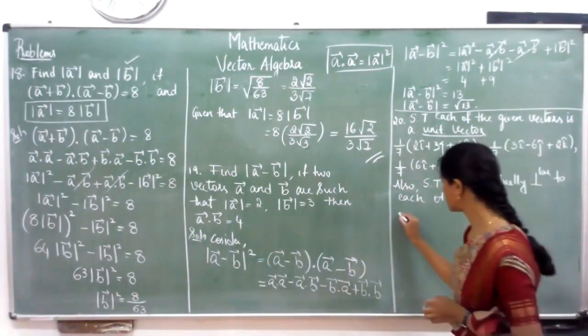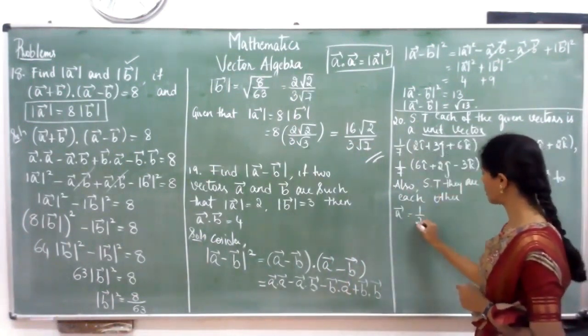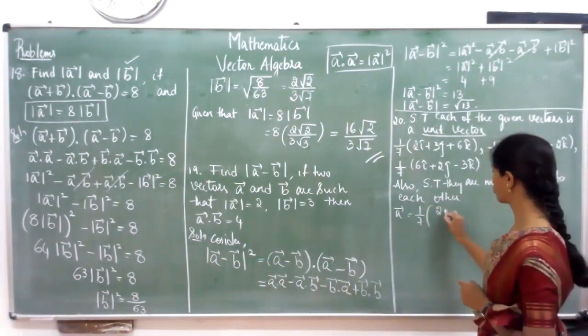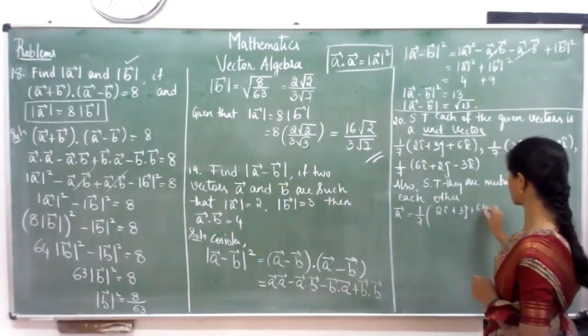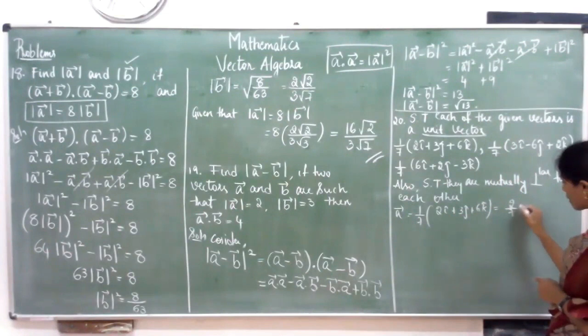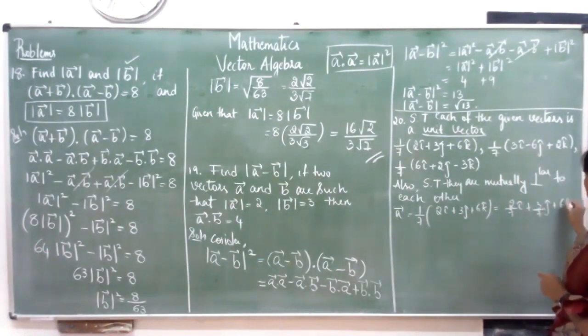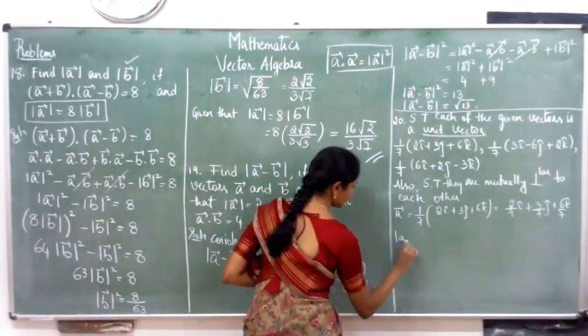So let us consider the first vector as vector A, which is equal to 1 by 7 into 2i cap plus 3j cap plus 6k cap. Now I am going to multiply this out: 2 by 7 i cap plus 3 by 7 j cap plus 6 by 7 k cap. Let us find the magnitude of this.